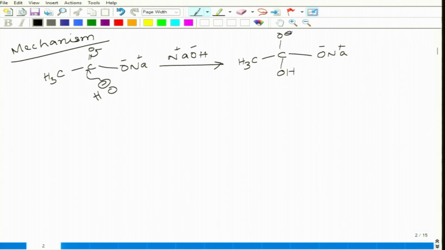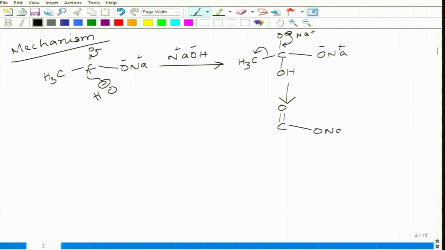This is O minus, and the corresponding Na plus will exist in the form of a salt again. Now, this negative charge in the next step will come back and form the double bond, and this methyl group will be liberated, that is, the carbon-carbon bond breaks. So, C double bond O is back again.